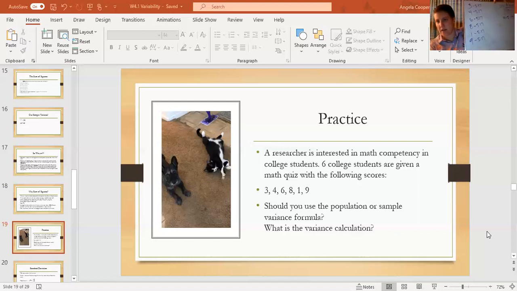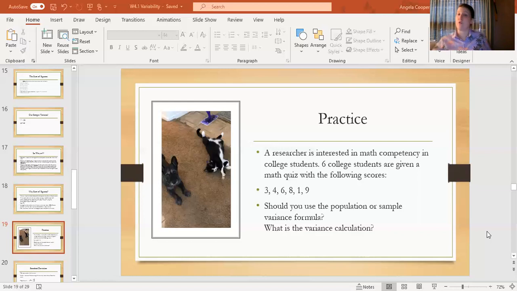I'm just taking each score and subtracting the mean from it. After I've done that, I'm going to square it. Since we're going to have to square it, I just have the original subtraction of the score of 3 minus the mean 5.17 in parentheses and square it, because we're going to have to do that.